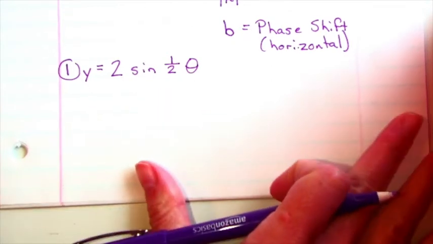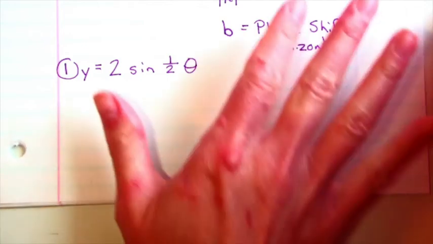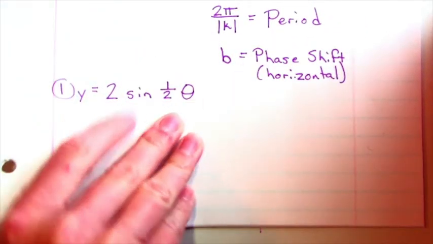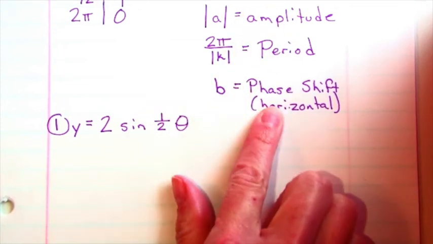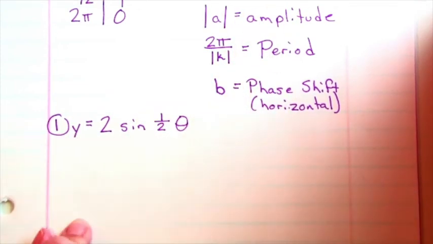Okay. So let's move this back down so we can look at it. Let's use this information to figure out what this graph is going to look like. Now, of course, you can type this into a calculator or into Desmos or whatever you want to use to find a picture of this, and it'll give you that curve.